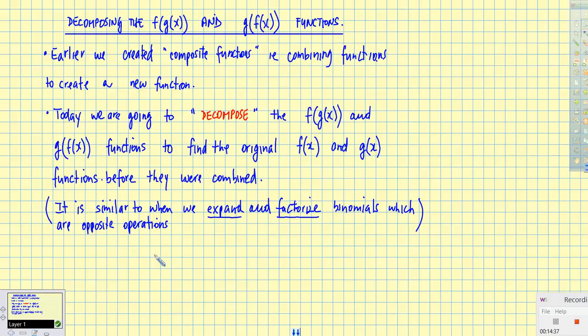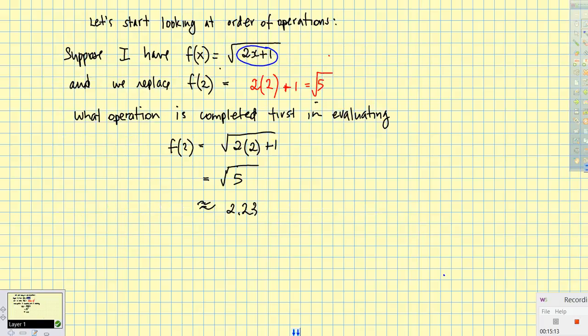They're opposite operations. First we created composite functions, combining them to create a new one. Now we have the combined new one, and we're going backwards to figure out what were the two original functions before they were combined and placed together.